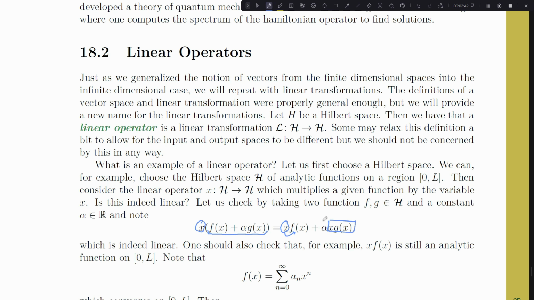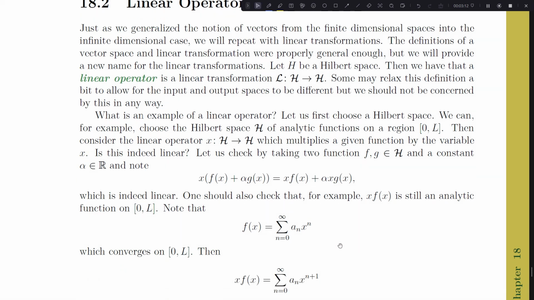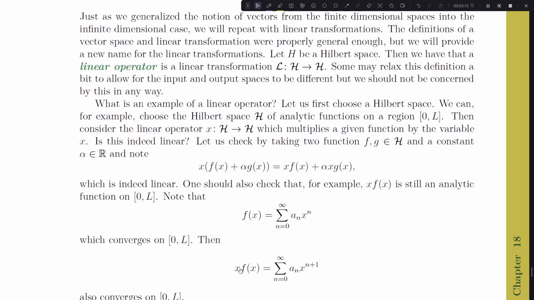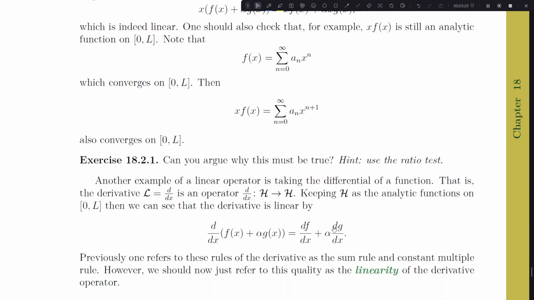So we get x f plus alpha x g, which is exactly what we wanted for multiplication by x to be linear. We can also verify that this maps the space of functions to itself, just looking at the Taylor series, that yes, multiplying by x definitely keeps you in the analytic function spaces. We're going to skip that for now because it's not too important.